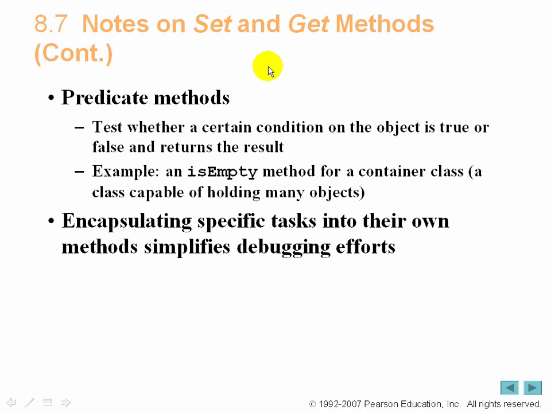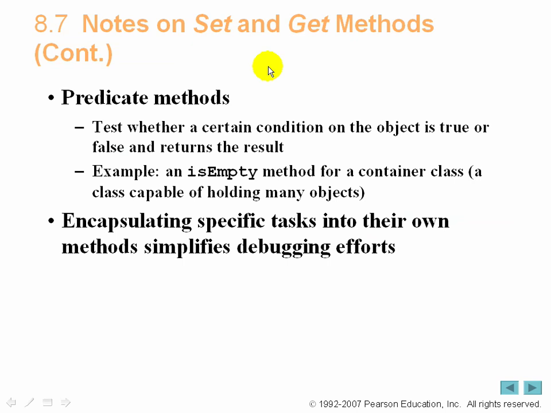One other note about get methods in particular, there's a concept called predicate methods, methods that start with the word is. And these typically are applied to boolean instance variables of your class, and they return true or false. So if you have an instance variable that is a boolean instance variable, the set method for such a variable would still be called set and then some continuation of that name that's related to the variable.